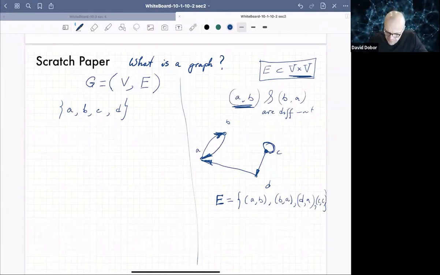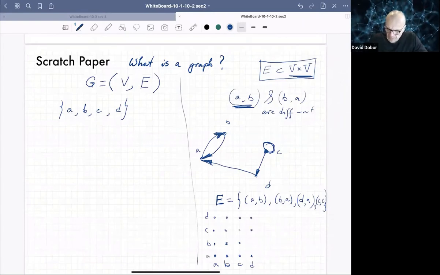So you can draw this Cartesian product if you'd like. Here's your A, B, C, D. If you'd like to represent it this way, that's fine. So how many elements do I have?